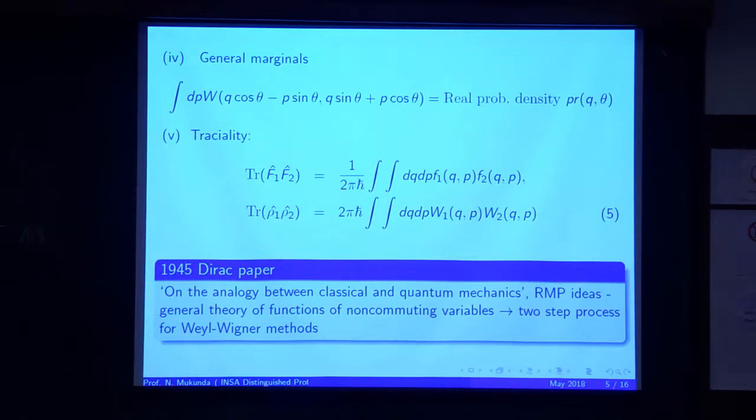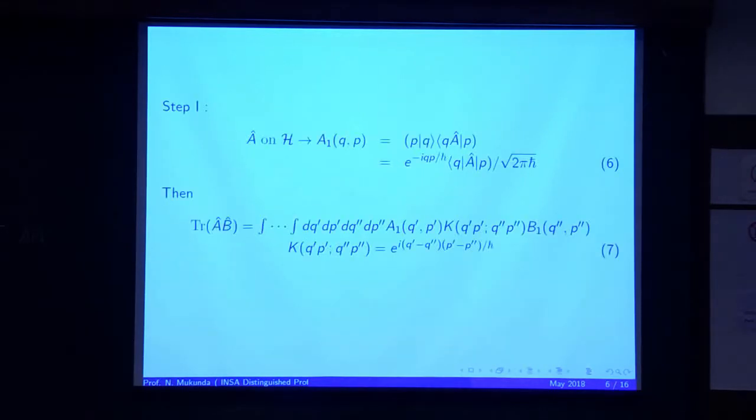It is quite elementary. It is a two-step process based on the Dirac idea, and each step is quite elementary, as you will see. So the first step is the following. This is extremely easy. This is Dirac's idea. Take any operator on a quantum mechanical Hilbert space for such variables Q and P. You can immediately associate with it a C number, in general a complex function on the classical phase space.